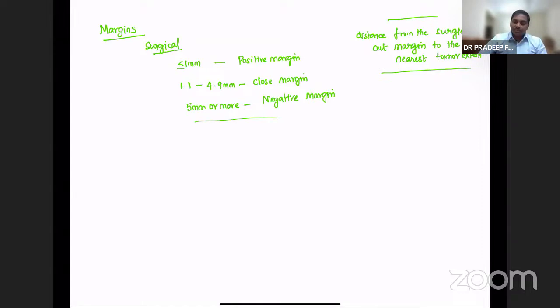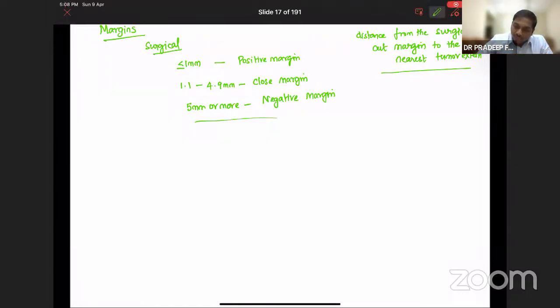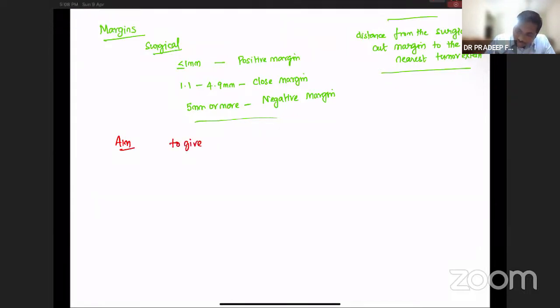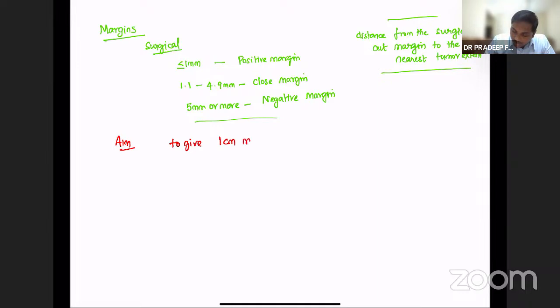So as surgeons, our aim is to give 1 centimeter margins all around. That means a 1 centimeter 3-dimensional margin: anterior, posterior, medial, lateral, superior, inferior.